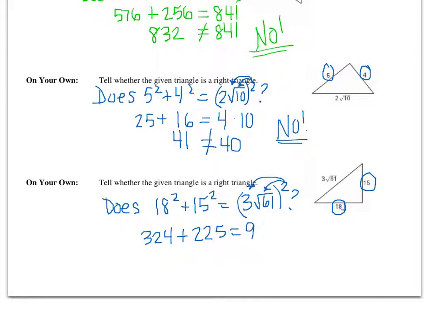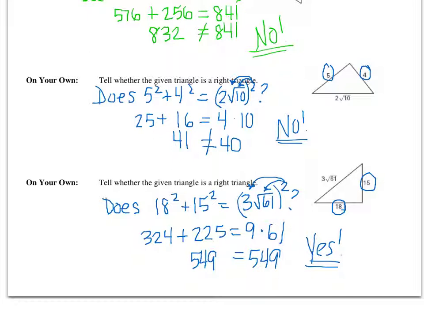So 3 squared is 9. The square root of 61 squared is 61. Let's simplify both sides. 324 plus 225, that's 549. And then 9 times 61, well, that's also 549. So, is this a right triangle? Yes, because my two sides are equal to each other.